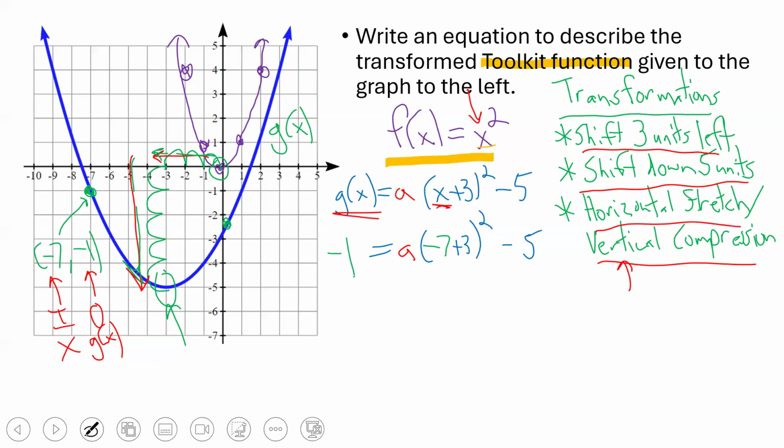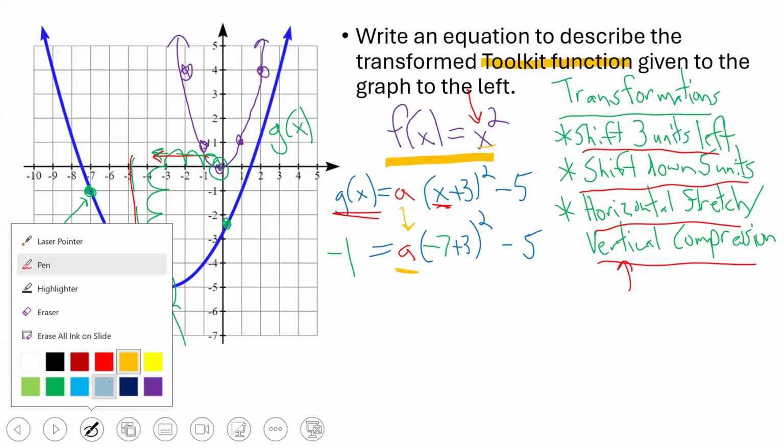And so we get this equation: -1 equals a times (-7 plus 3) squared minus 5. Notice we've created an equation where the only variable now is a. And 9 times out of 10, when we have a situation like that, we can solve for the value of that variable. So let's go ahead and do that.